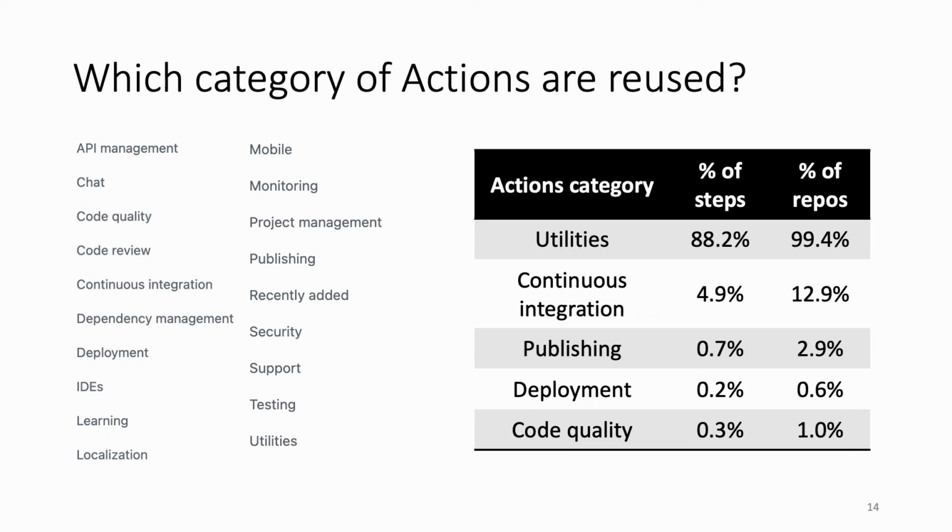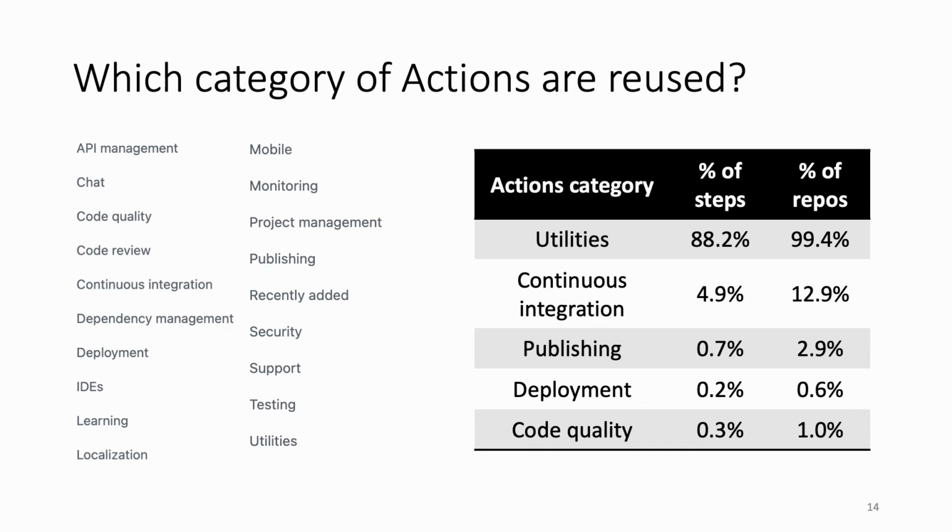The next concept that we studied is the category of the actions that are being reused. If you remember in the Marketplace example, you will see that there are around 20 different categories of action that you can use.